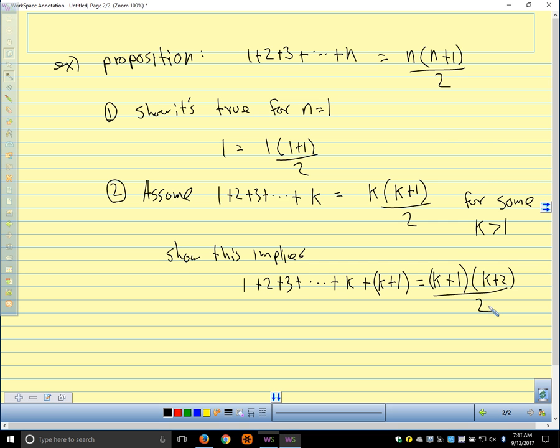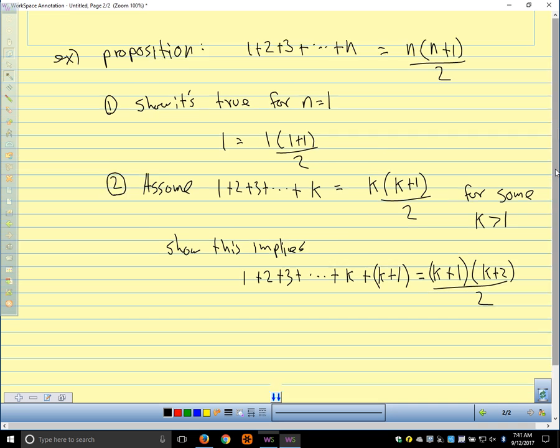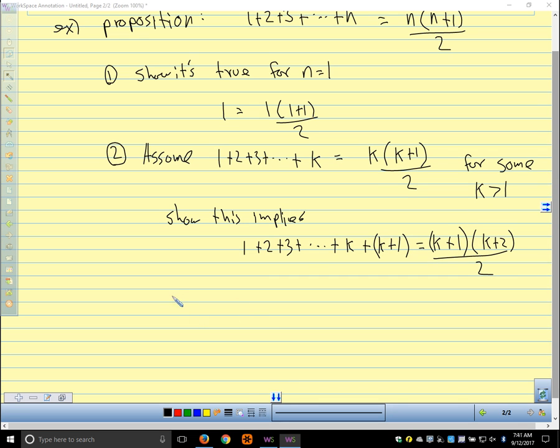All right, so I'm going to take our previous assumption and just add the next term. So I'm going to say k times k plus 1 over 2 plus k plus 1.